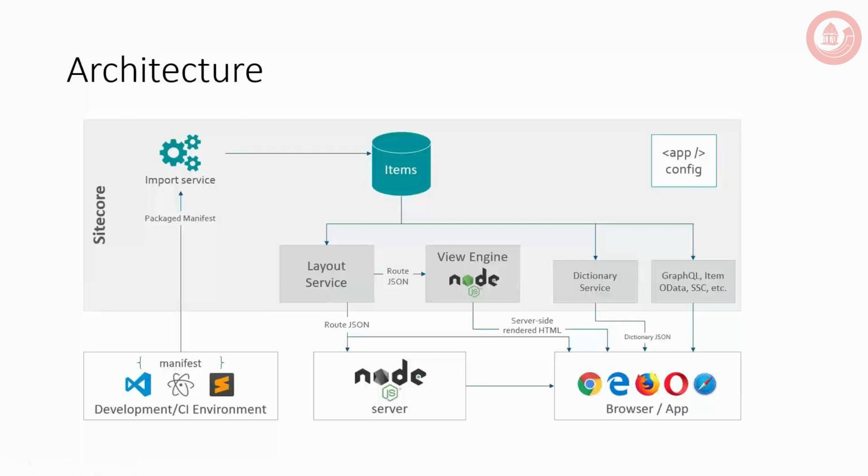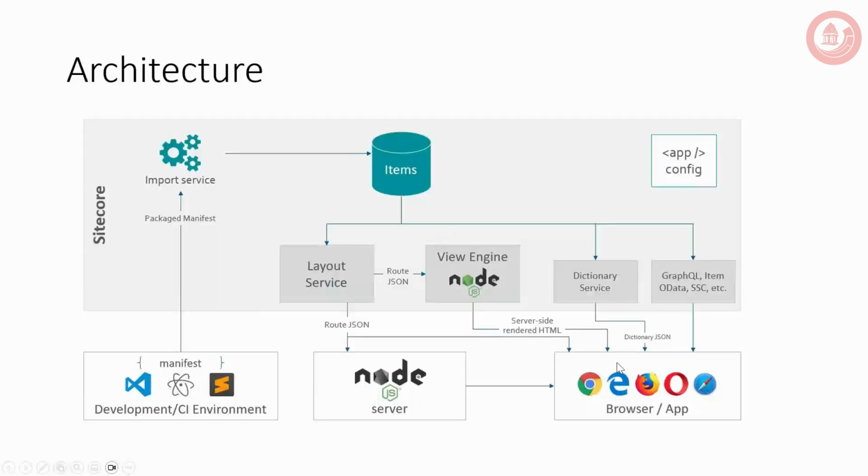It gives you the root JSON, and it gives you all the presentation details, everything in the JSON format. And a dictionary service, which again provides you dictionary-related information from the JSON. You have all the other things here. You use GraphQL, you use item data, SSE, Sitecore Services Client, everything. So everything is part of the Sitecore instance here. So when you are browsing, you can use any of these services to consume.